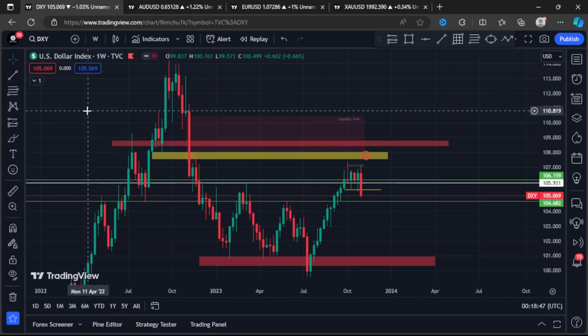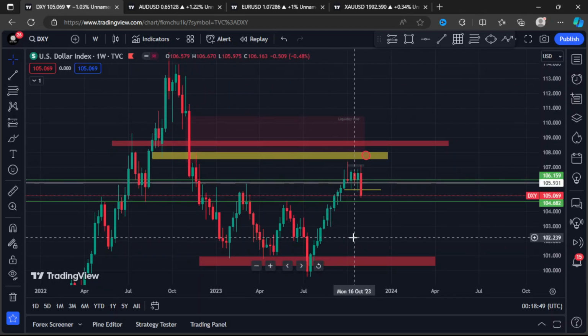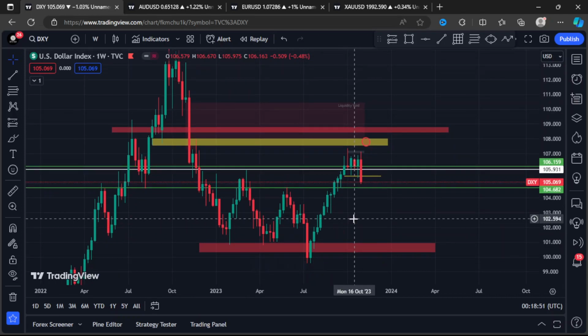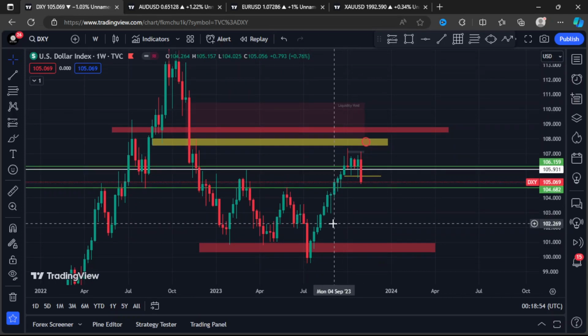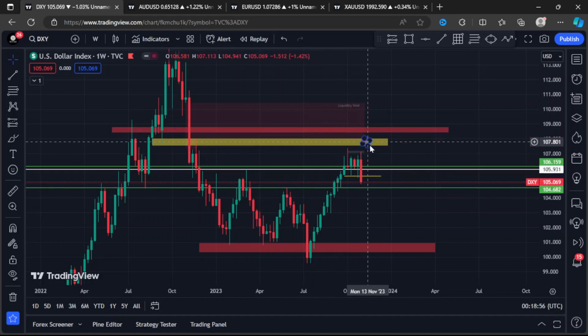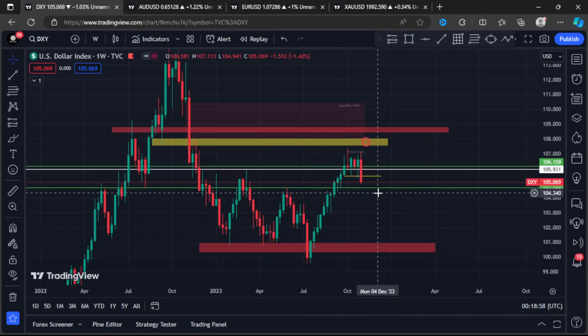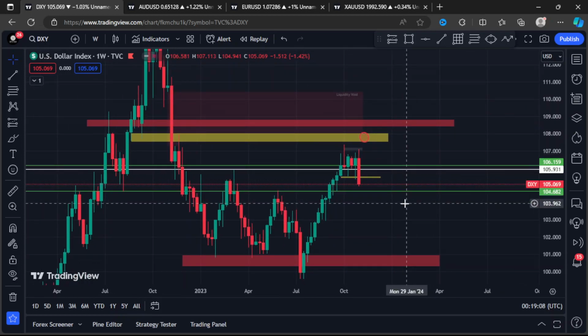Let's get started. On DXY, we had some very strong bullish weeks for the past few weeks. And for today, we had a very strong bearish movement due to the weakness of the dollar, according to the NFP we had today.